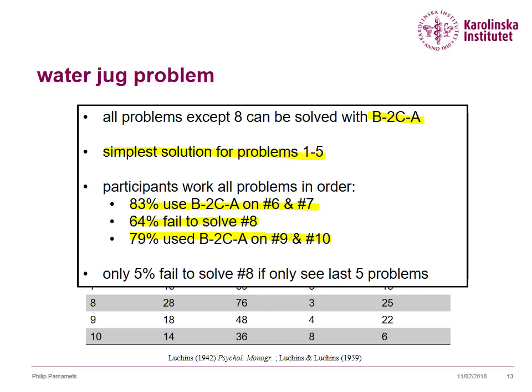And of course, importantly, if participants are just given number 8 or given in this case the last 5 problems, only 5% fail to solve number 8. So if you don't have that much experience with problems where b minus 2c minus a is the simplest solution, then you won't be entrenched in that particular solution and be able to solve the problem in itself.